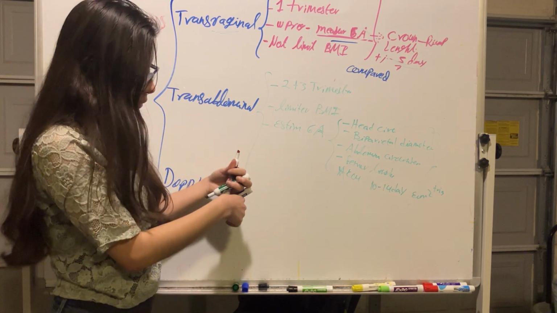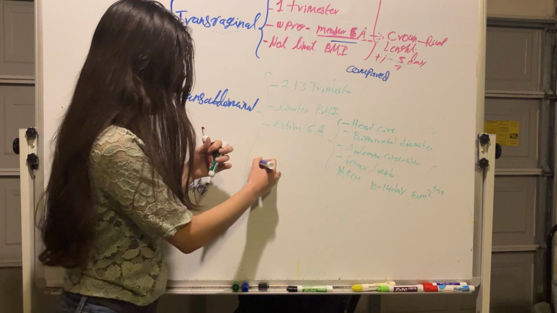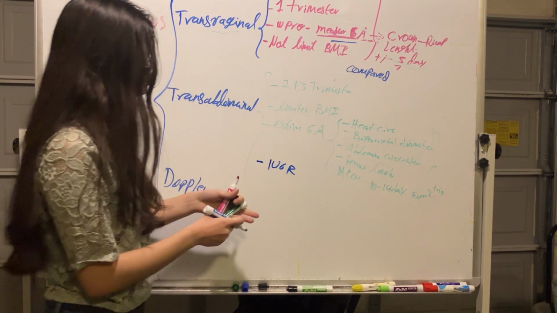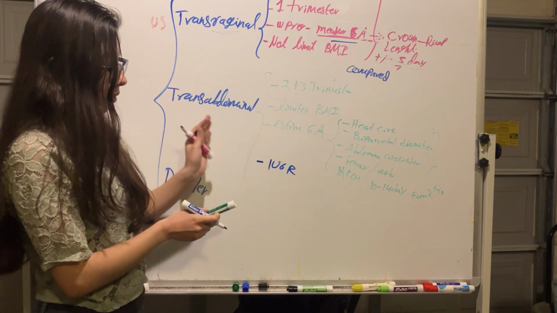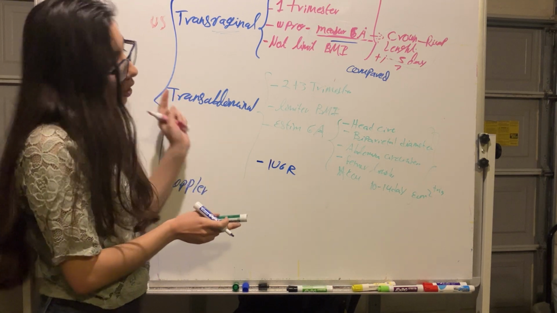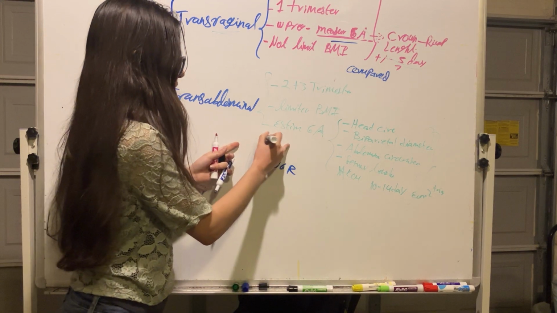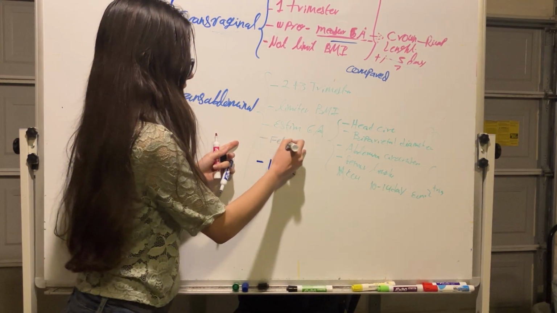For example, to evaluate for intrauterine growth restriction. Here, when we do this transabdominal ultrasound, basically we measure two things, which are gestational age and fetal weight.